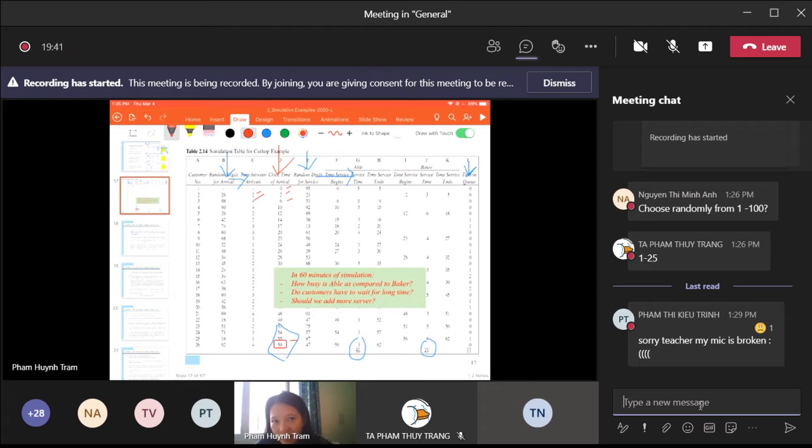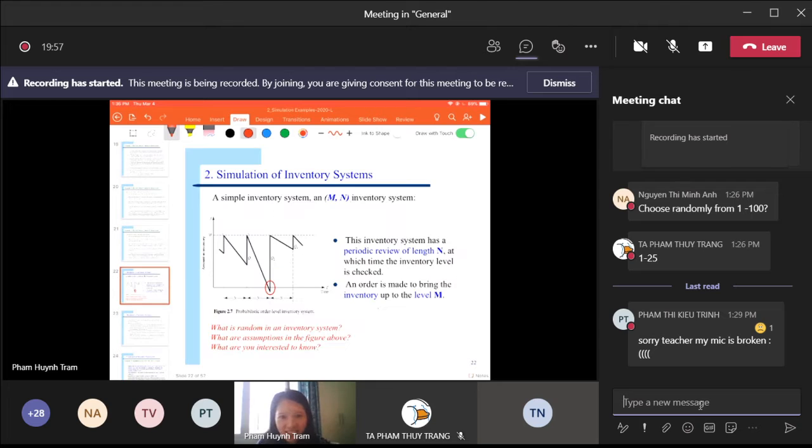Have you learned inventory management in any course before? Have you ever learned about different inventory policies in any course before?